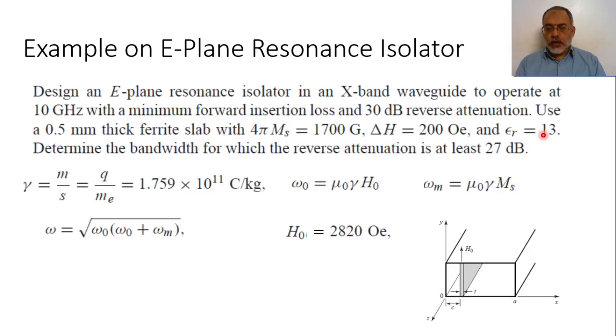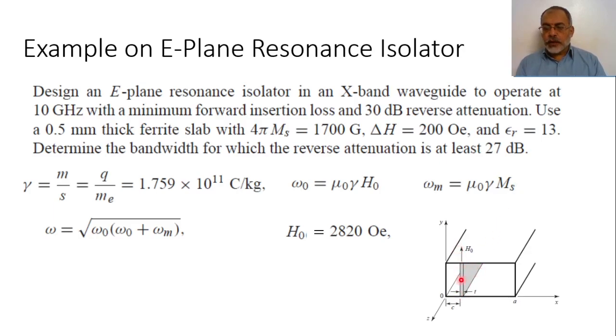So if I'm asking you to design such an E-plane resonance isolator, it means: what is the distance of the ferrite slab from the wall of the waveguide? What is the value of C? What is the length of this ferrite slab?